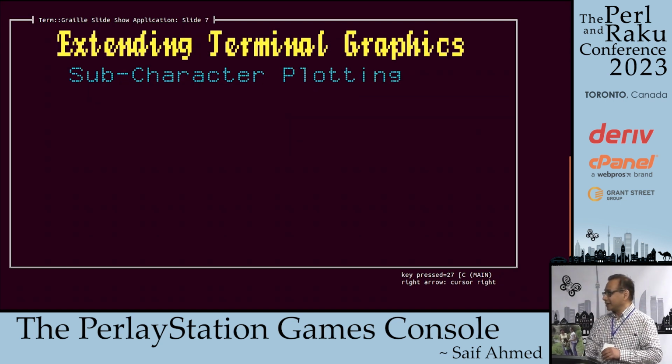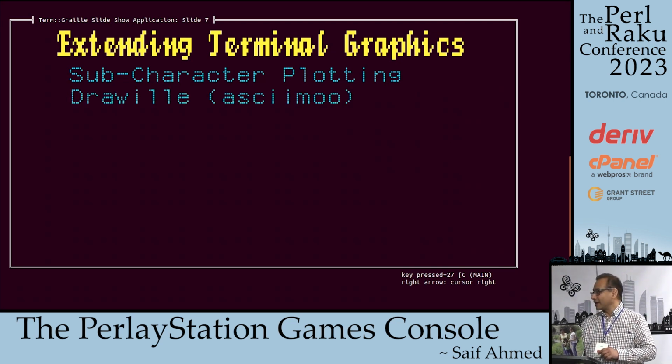One way of doing it is to use sub-character plotting. There are a couple of ways of doing that. One of the ways was described a few years ago in Python by a project called Drawille by asciimoo.